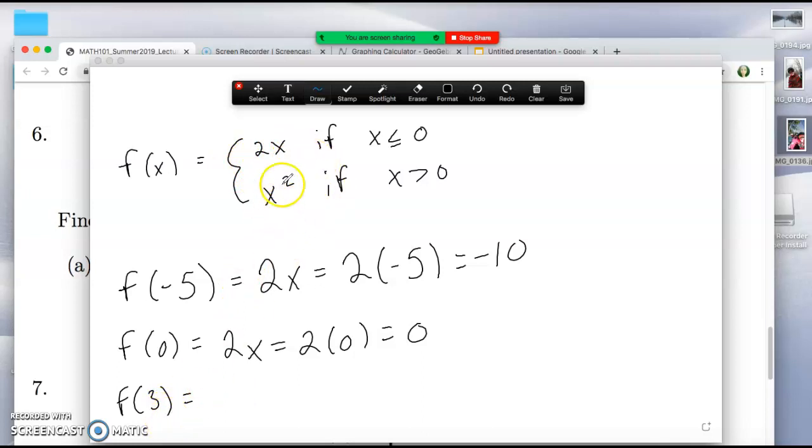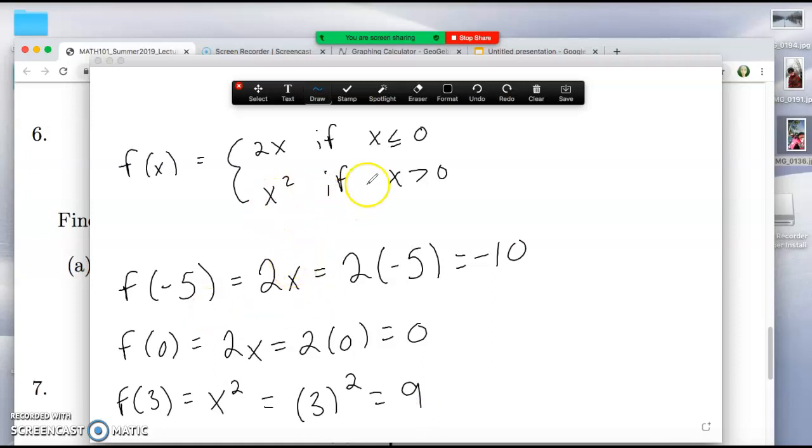Let's see if I can use x squared. I can only use x squared if my x is greater than 0. Perfect, because 3 is greater than 0. So I have to use x squared to evaluate the function at 3. And that is how it's done.